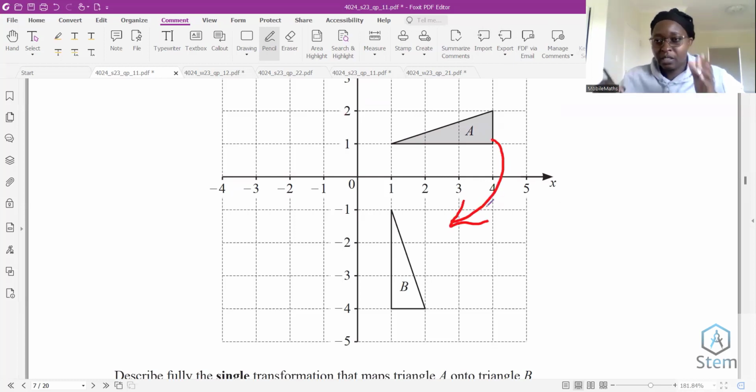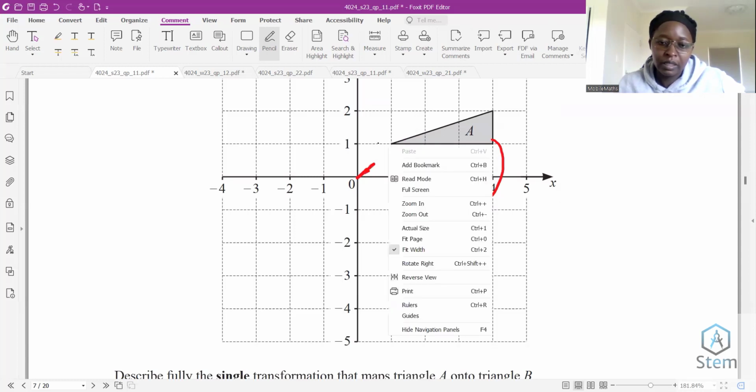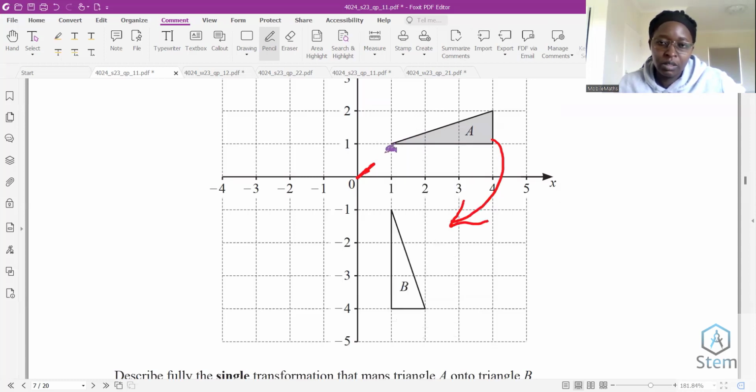I can have my center point here, like this. This is my center point here.